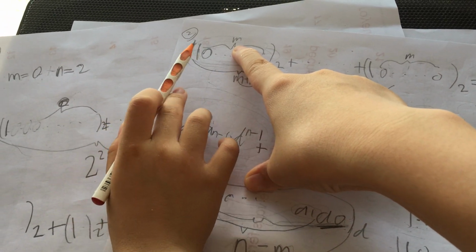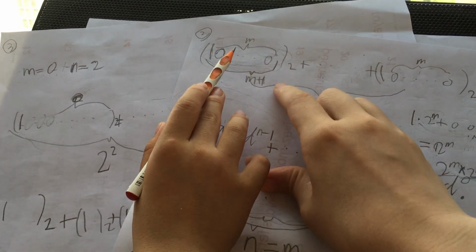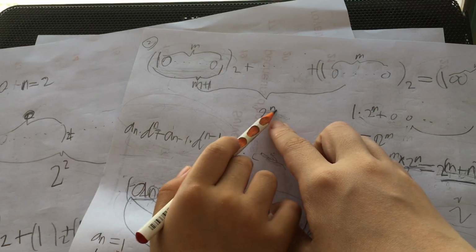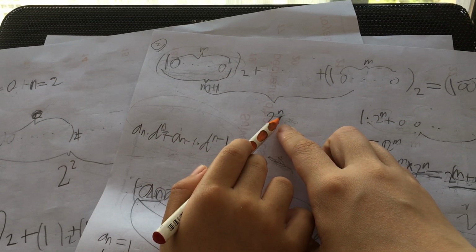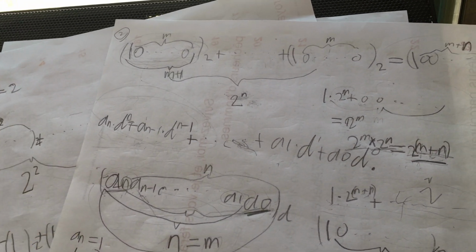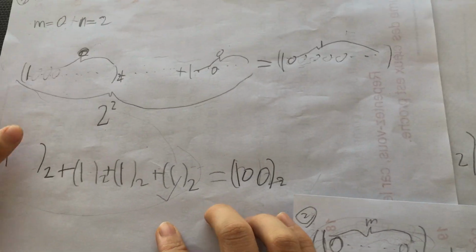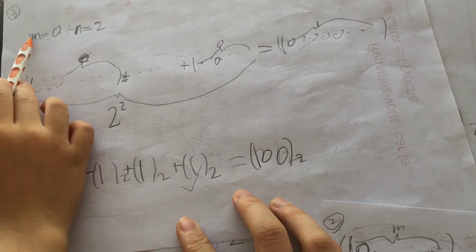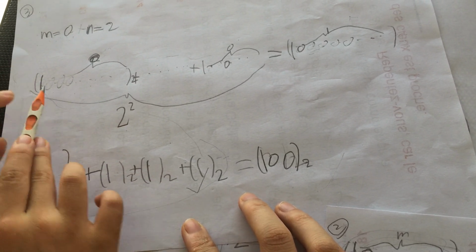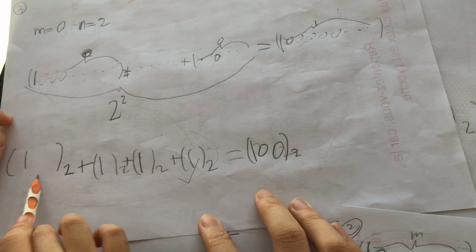In this case, n means how many zeros there are. And n in here means the power. And the answer is that n equals 0, which means there are no zeros. So this is 1. And remember, it is here, not this.